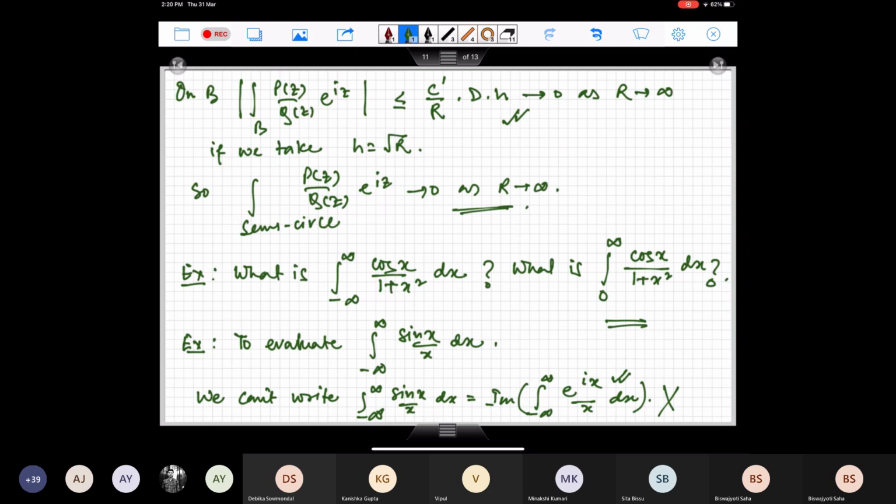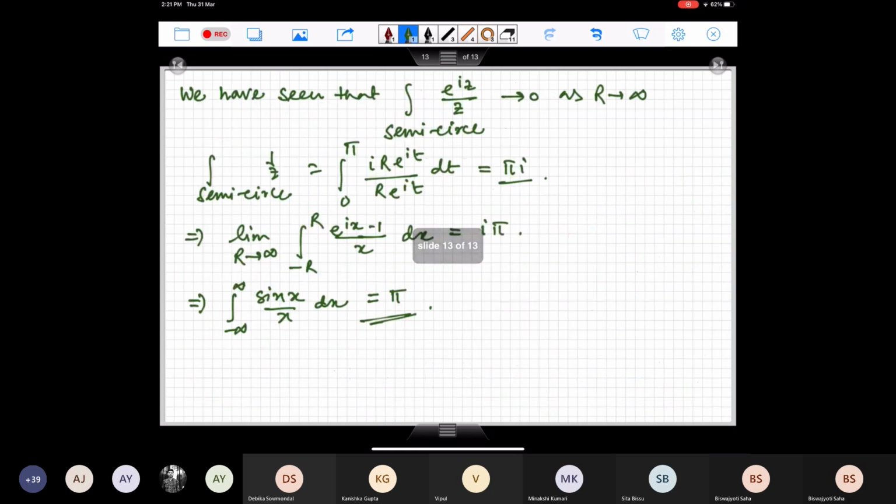Okay, so let's see what I can do. Of course, the idea is to use the Cauchy residue theorem. So we will see if we can use the Cauchy residue theorem and figure out some infinite sums. Okay, so that's the next segment.